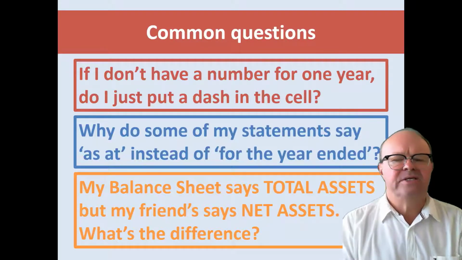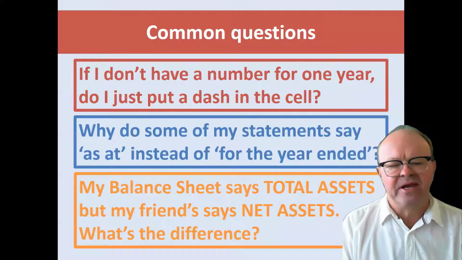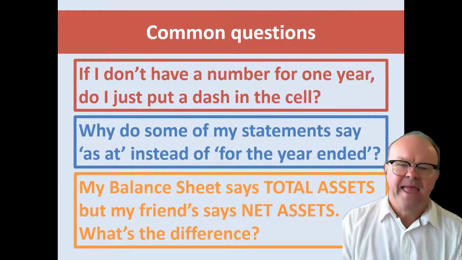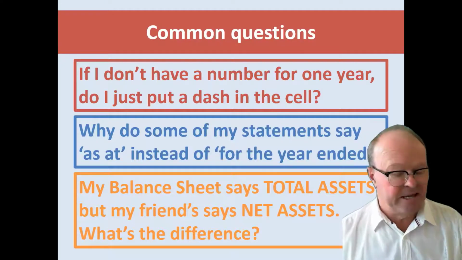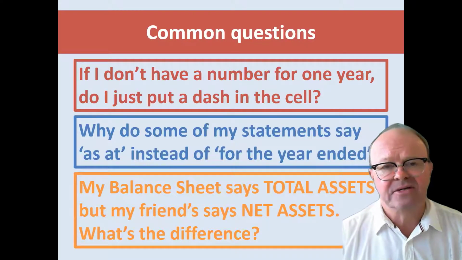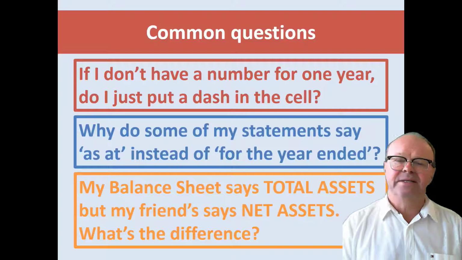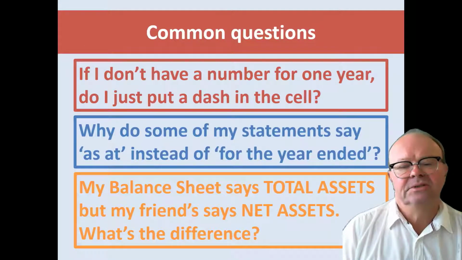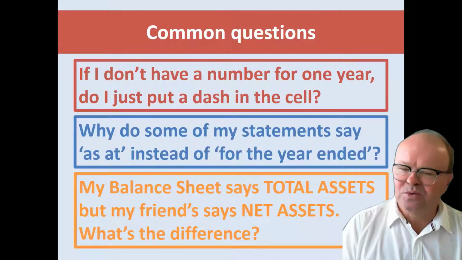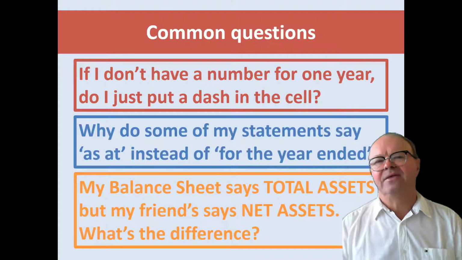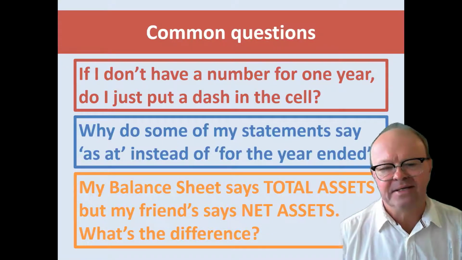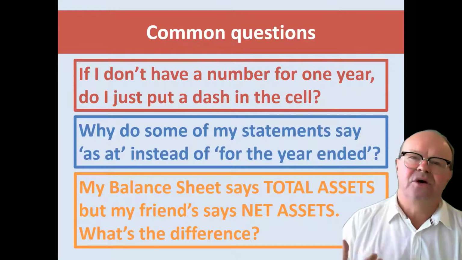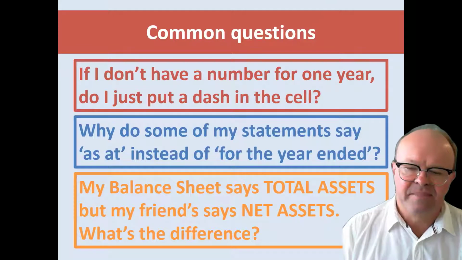Now, my balance sheet says total assets, but my friend's says net assets. What's the difference? So some people find, as they're comparing their financial statements with other people's, that they can be presented differently. Most balance sheets will show you the total assets and then they'll show you the total liabilities. But some will also show you the net assets, which is the total assets less the total liabilities.